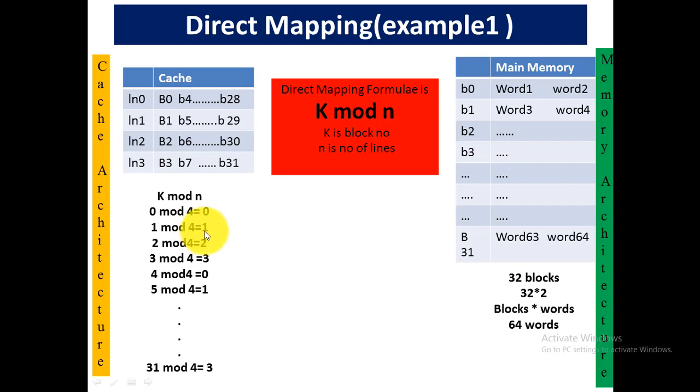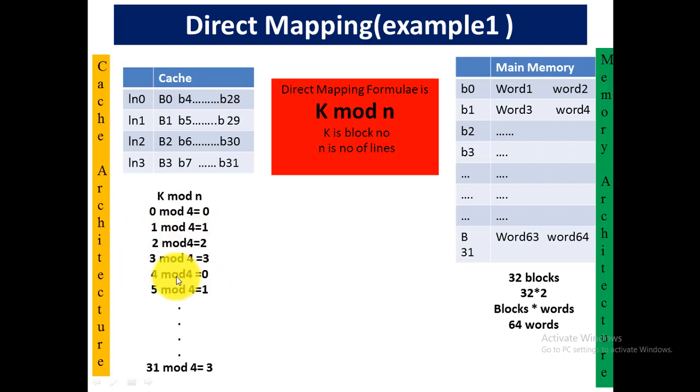It means block number 1 will come to the cache's line number 1. Again, if we put block number 2 in the formula, then 2 mod 4 is equal to 2, the third line, whose index is line 2. In the same way, 3 mod 4 is equal to 3. It means it will come to the indexed line 3.